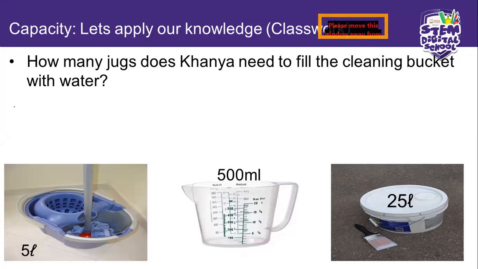You can add everything up together, like the first liter, which is 2 jugs, the second liter, which is another 2 jugs, the third liter is another 2 jugs. Just write them on your exercise book there, right?